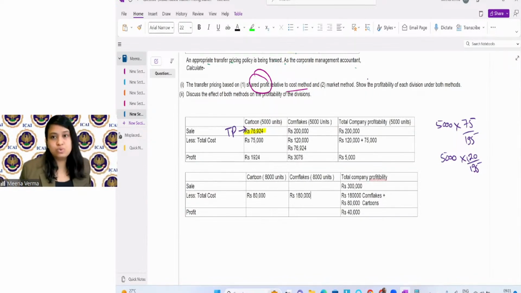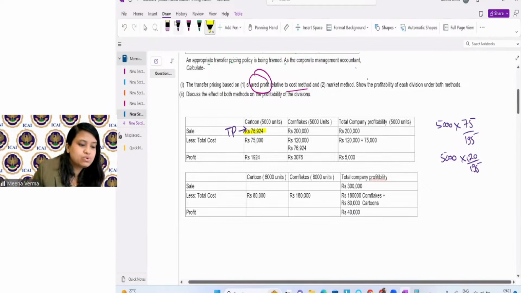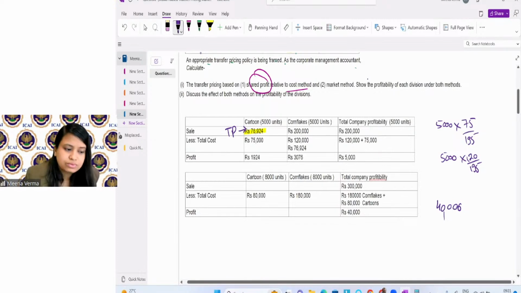Now I'll be using this ratio to allocate the profit to them. The total value I can see is 2,60,000. 80 plus 180 is 260. So I have a profit of 40,000.